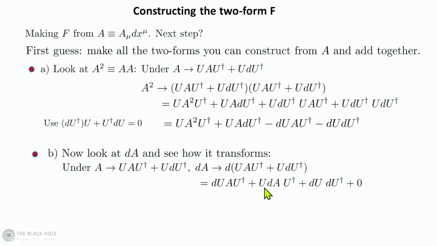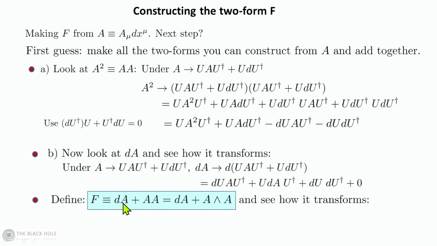And now notice over here. If I add dA to A squared, well, this will remain, but notice that this over here, minus dU A U dagger, cancels with this over here, and this will cancel with this over here. Which means that I take the sum of dA plus A squared. By the way, I'm not using this wedge anymore because it is too cumbersome.